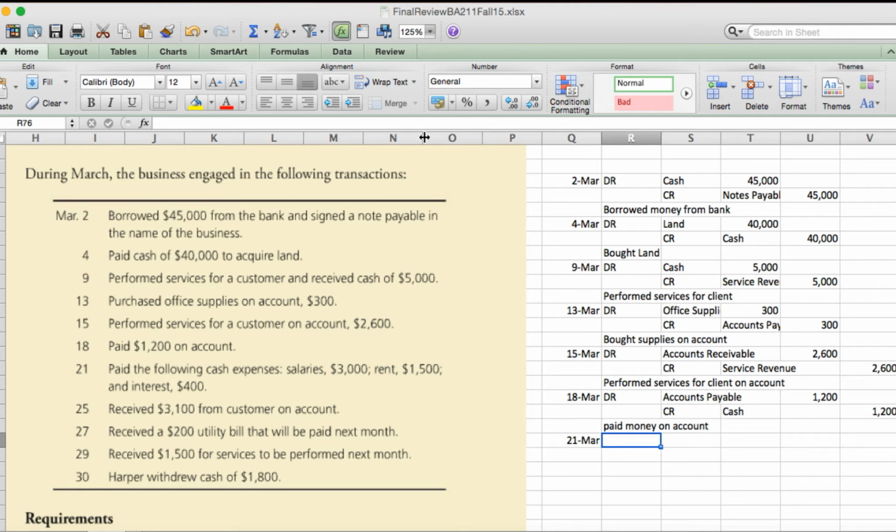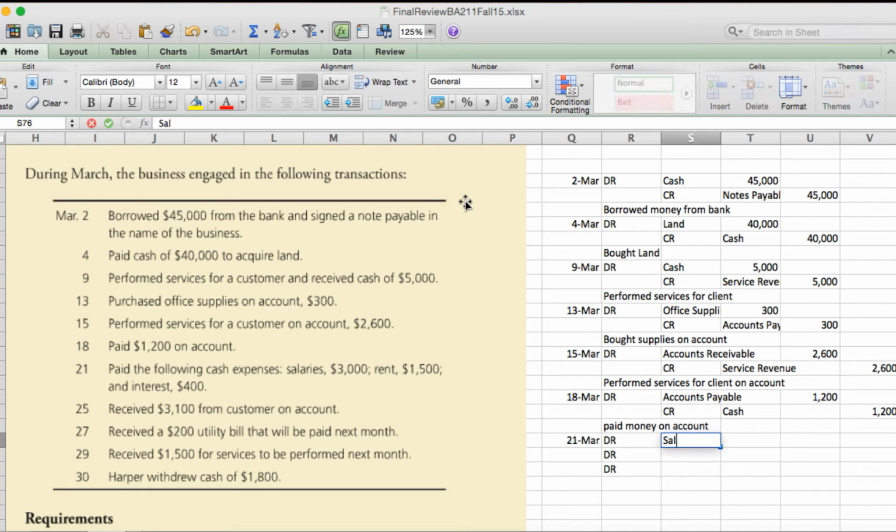So March 21st, paid the following cash expenses. Salaries $3,000, rent $1,500, and interest $400. Eventually I have to total all these up. Each expense account is going to be debited here.